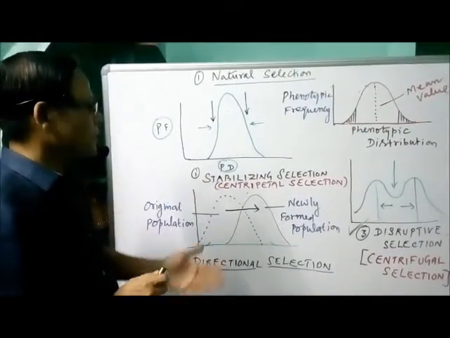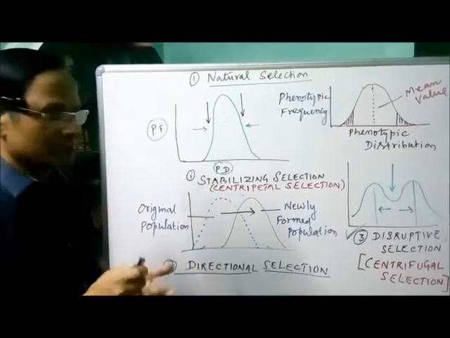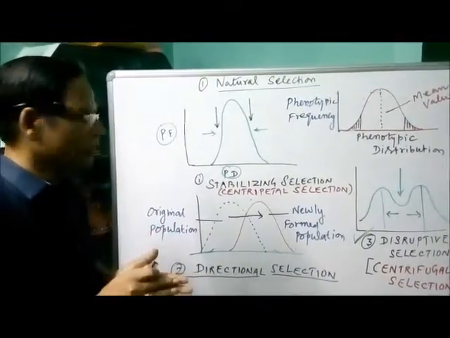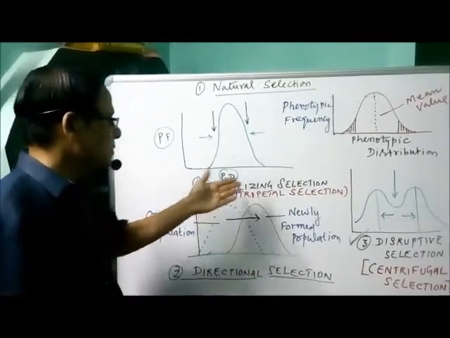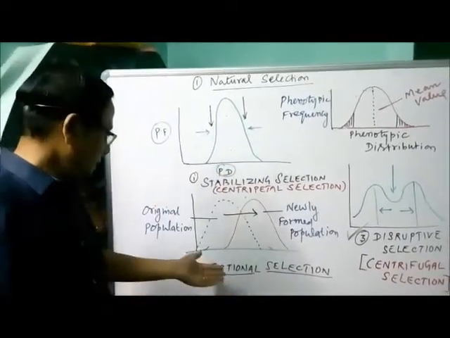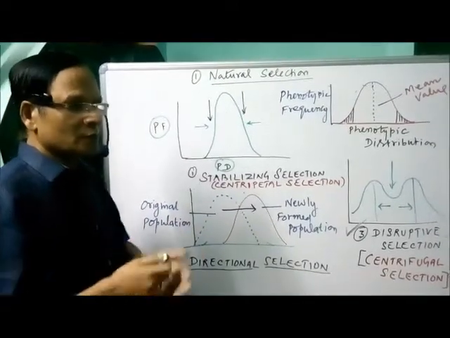Now the stabilizing selection is called centripetal selection. It is operating from the periphery towards the center, eliminating the extremities and favoring the individuals at the center, hence called centripetal selection.